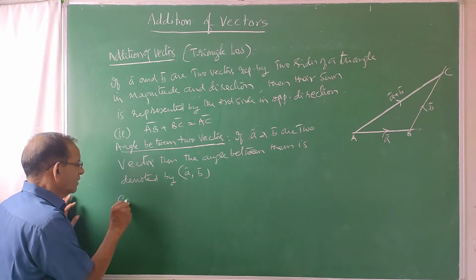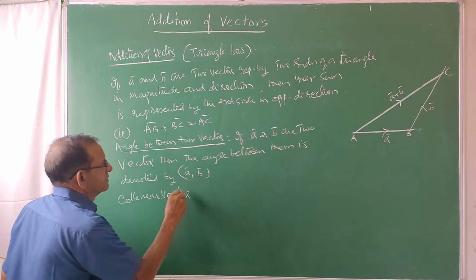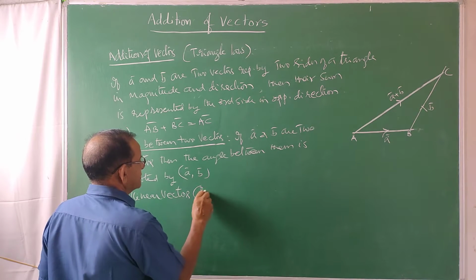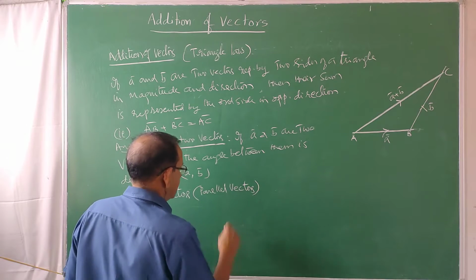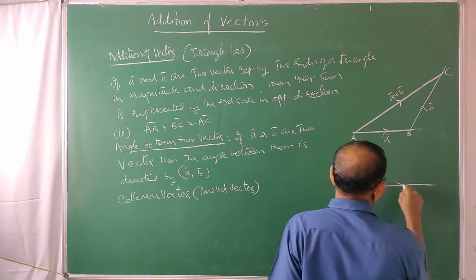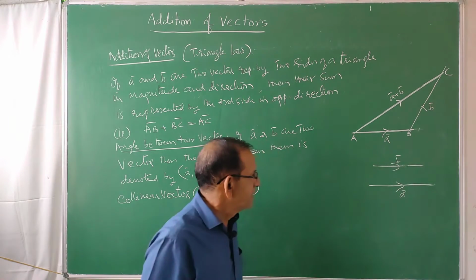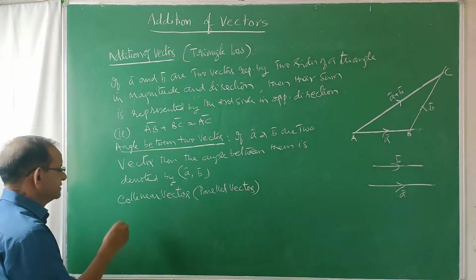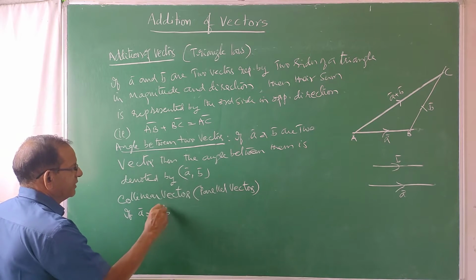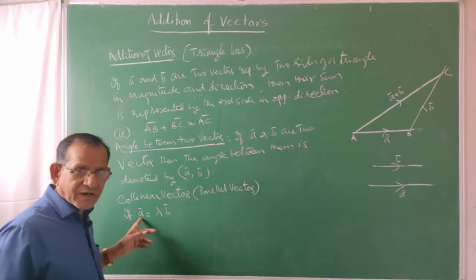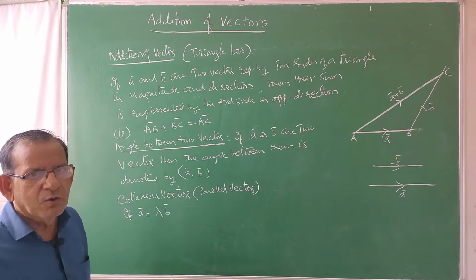Next, collinear vectors. They are also called parallel vectors. Suppose two vectors are parallel, this is A bar and B bar. It may be in the opposite direction also. If there is a relation like A bar is equal to some lambda into B bar, if one vector is equal to some constant into the other vector, then those two vectors are said to be collinear vectors.